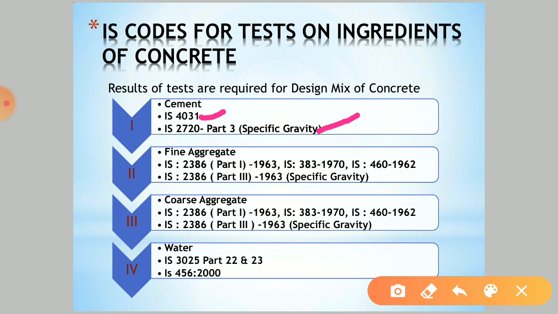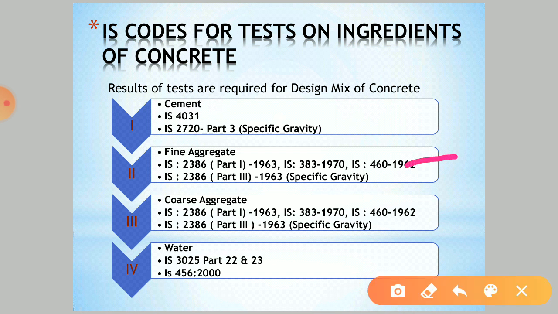See, specific gravities of all the ingredients are required for mix proportion calculation. And this IS 4031 is required to check whether the cement is compatible or not, whether it is satisfying the standards or not. Same for fine aggregates.